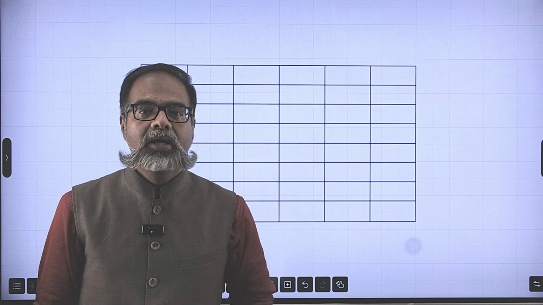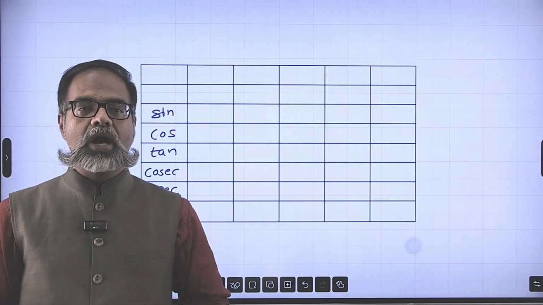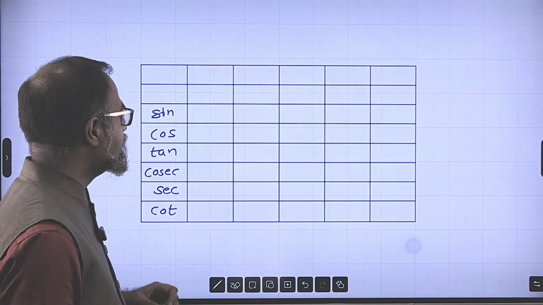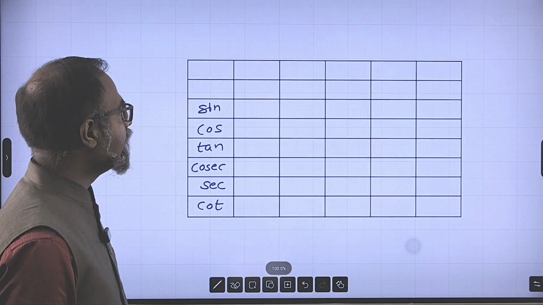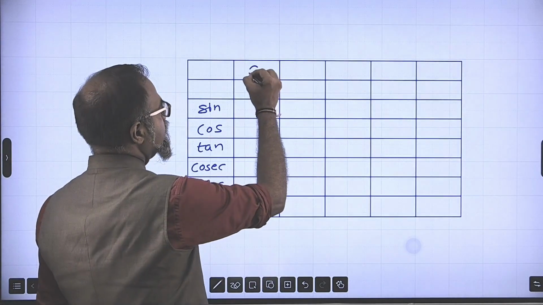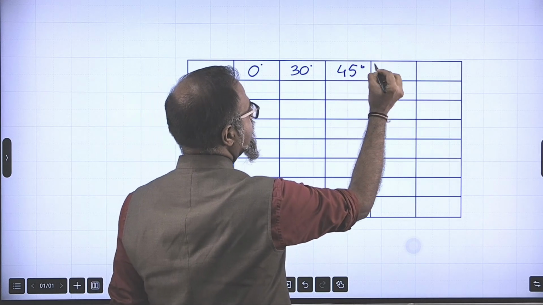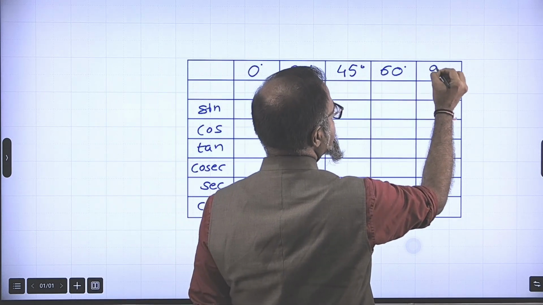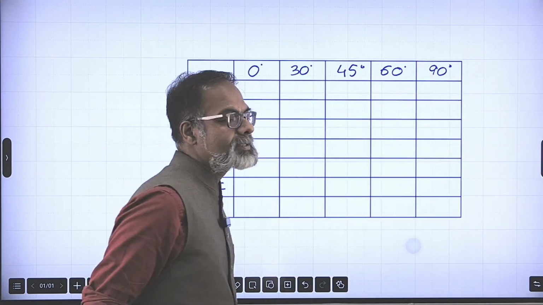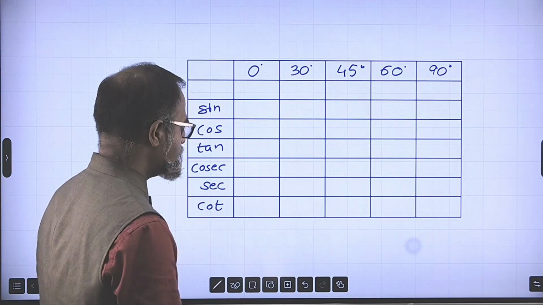Now remember, the specific values of sine, cos, and tan which we are going to take a look at are 0 degrees, 30 degrees, 45 degrees, 60 degrees, and 90 degrees.